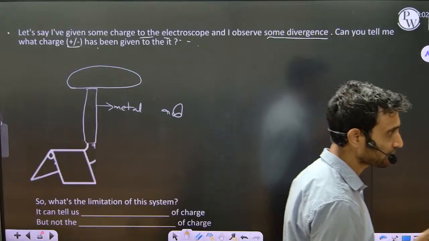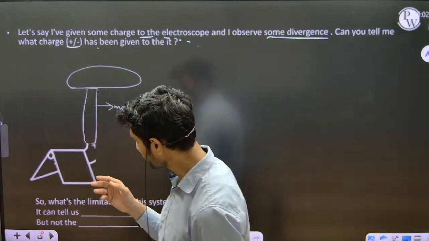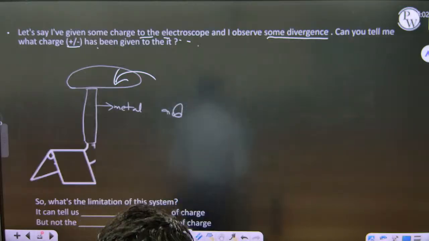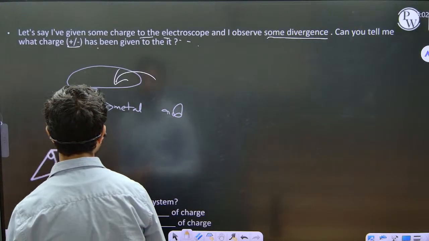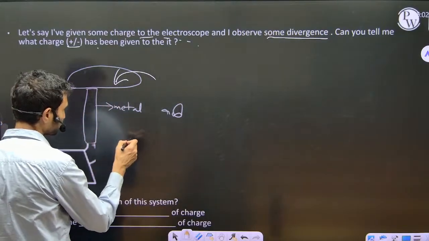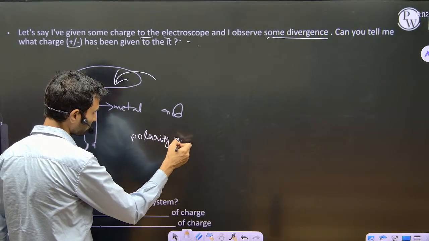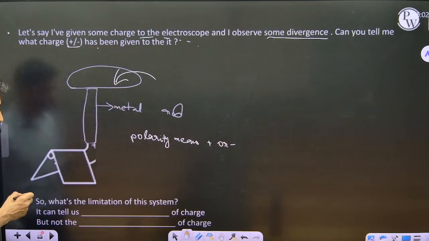What is the observation again? I give some charge to this metal rod, and as a consequence, the plates go away from each other. So I have to find out the polarity of the charge that I've given.